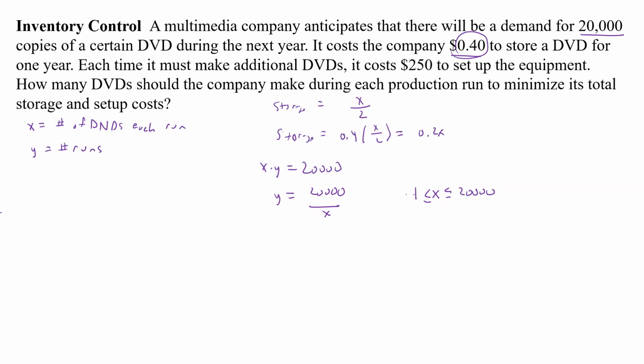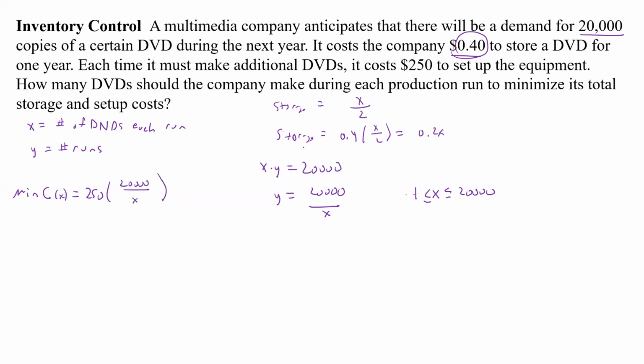So now what we can do is find the minimum cost. The minimum cost, let's call it C of x, is equal to what? Well, it's going to be $250 to set up the equipment, and it's going to have this many runs, 20,000 divided by x.